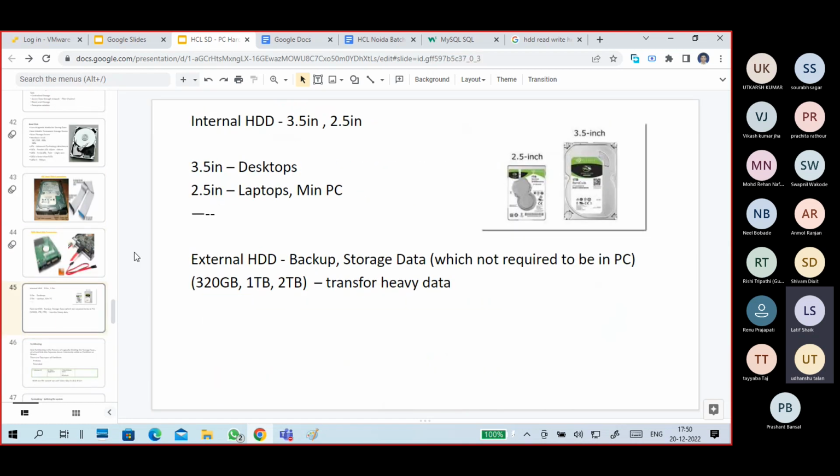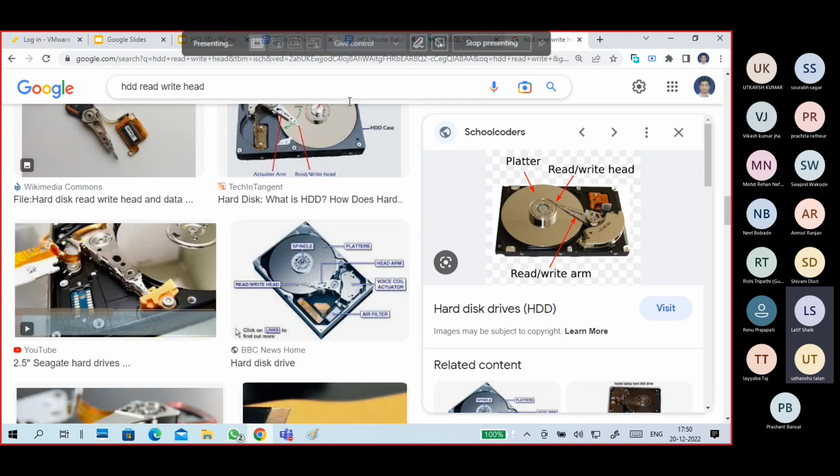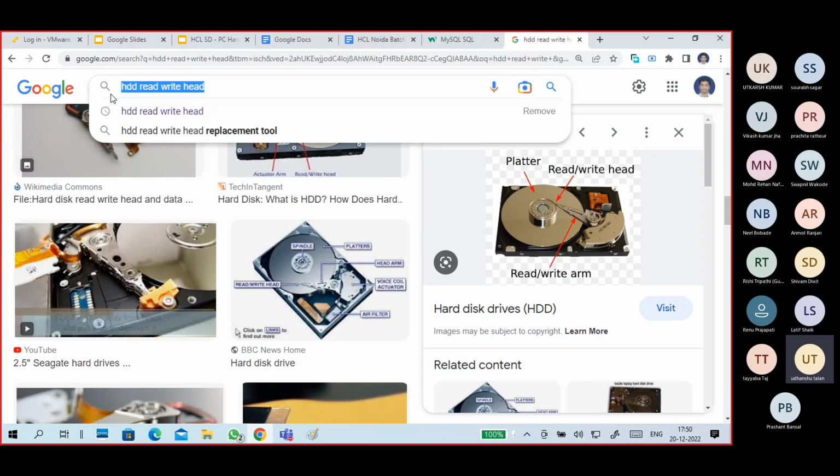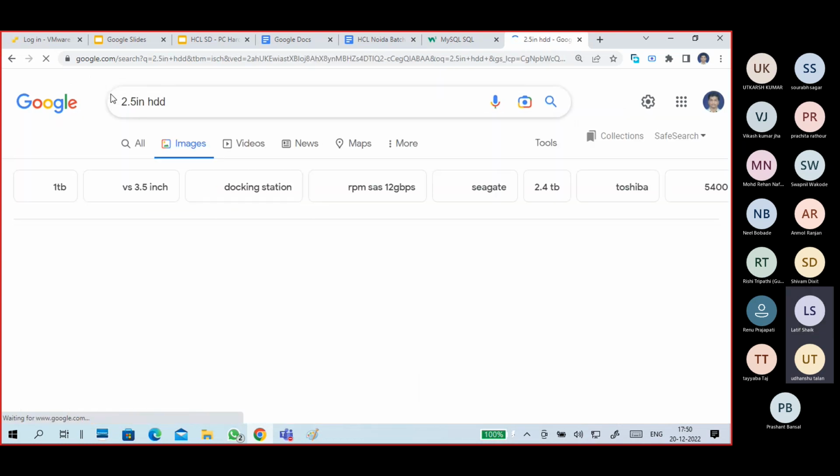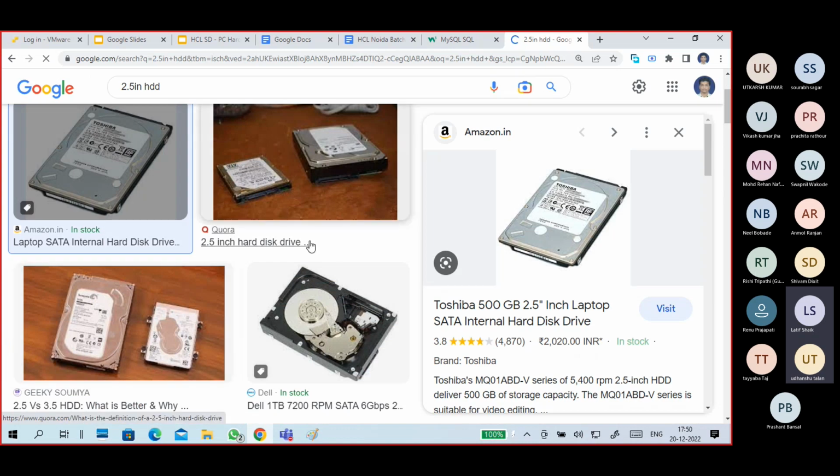In hard disks, guys, 2.5 inch and 3.5 inch hard disks are also there. Small size hard disk, big size hard disk. The 2.5 inch hard disk is small in size, like your laptop hard disk.